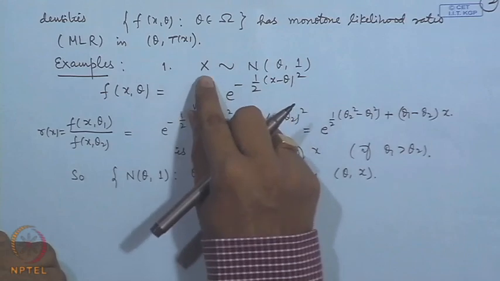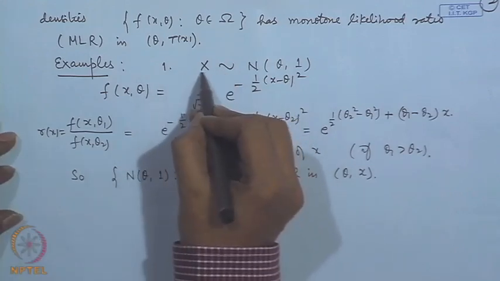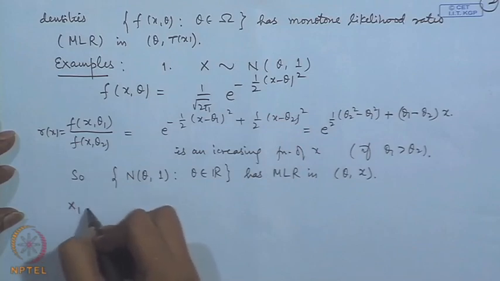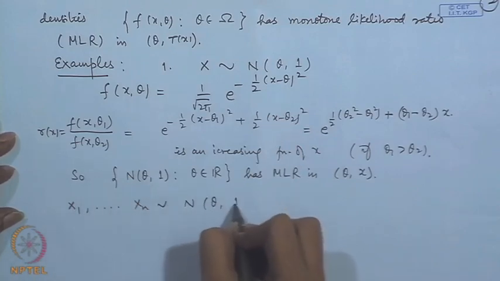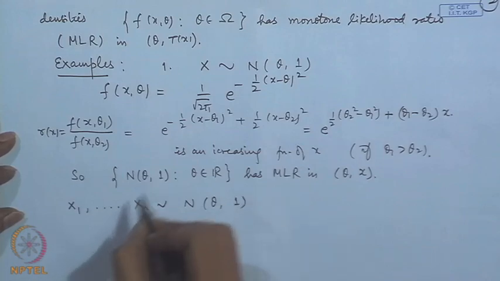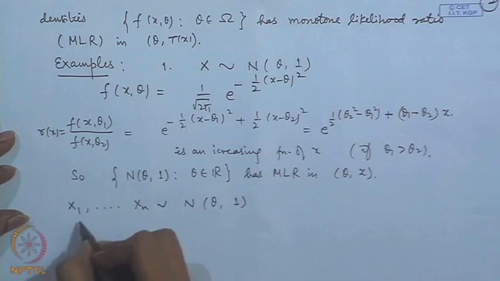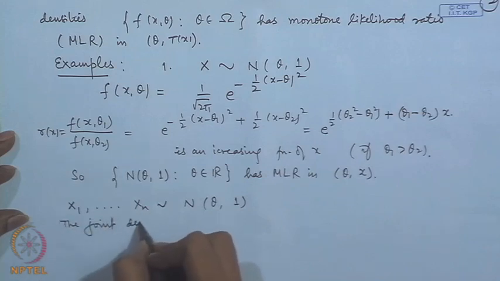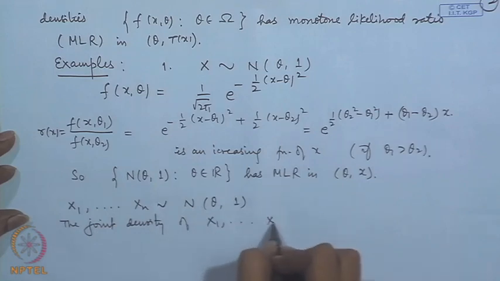Now, I have written here the distribution of one observation. Suppose in place of x, I have x 1, x 2, x n. In this case, for f(x, theta), we have to write the joint density of x 1, x 2, x n.